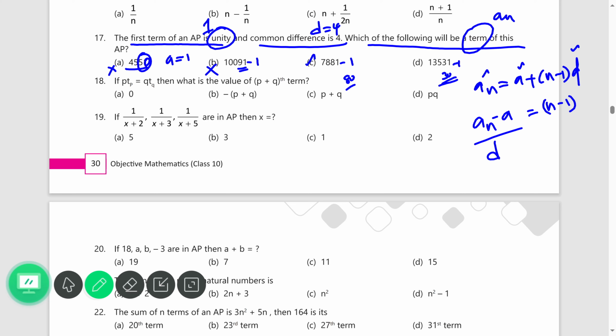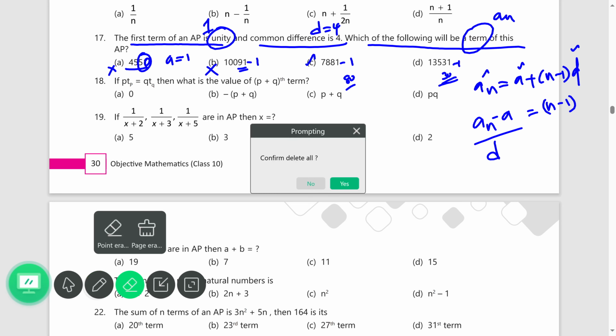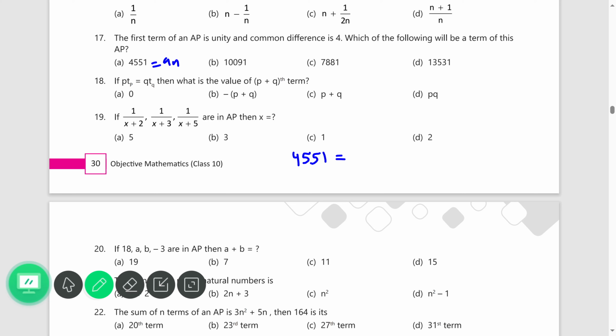Nothing, pa. Each one you should take as a_n. Take a_n and solve first. Then 451 equals a plus (n minus 1) into d, where a is 1 and d is 4. We have to find the n value, and n should be a positive integer, without negative, without a p by q form.